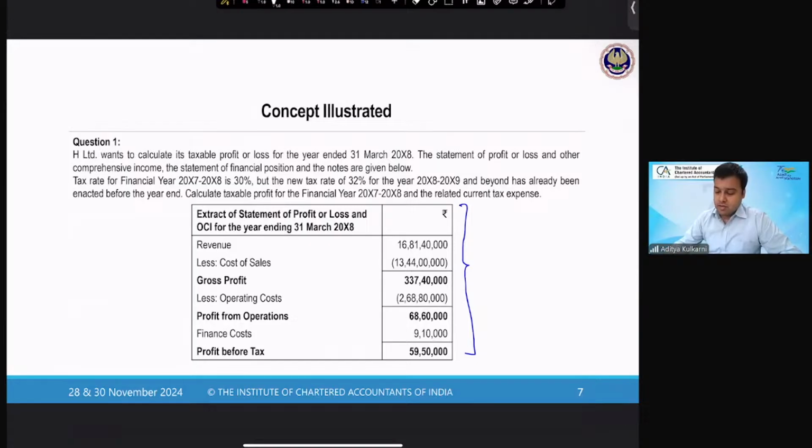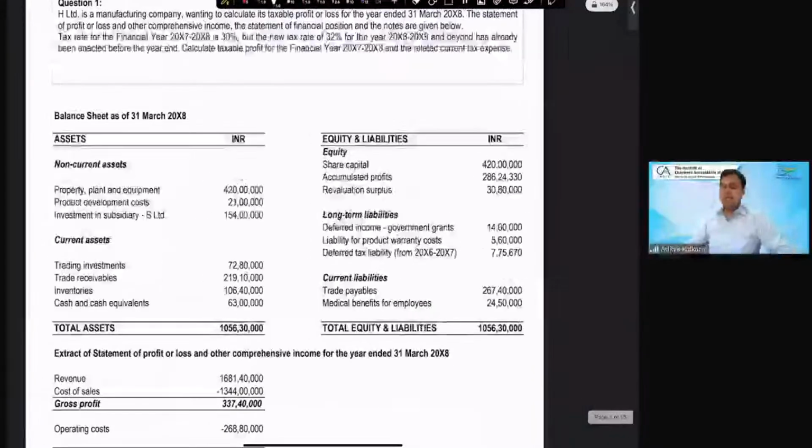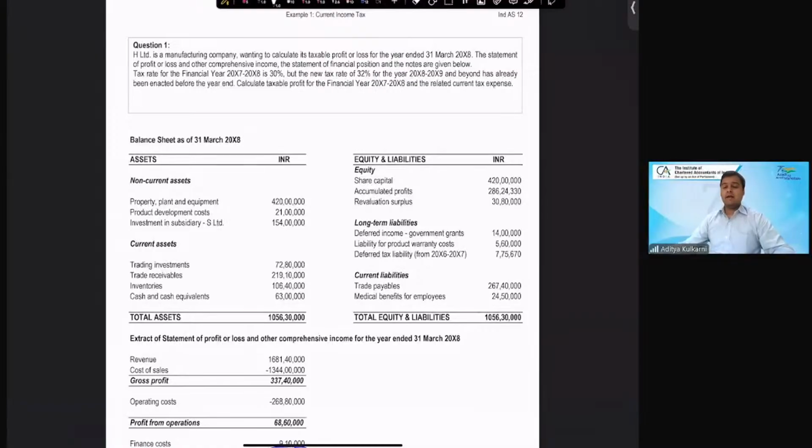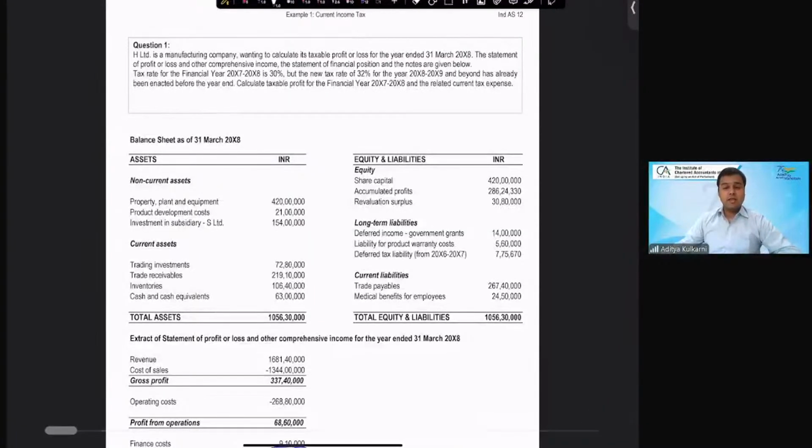So now with this, we have just prepared one question. This question is mainly to make you familiar. This again has nothing to do with the Income Tax Act 1961. So we will just run through this and understand how the current tax gets calculated and how we do the entries.